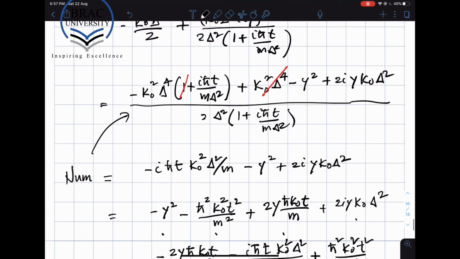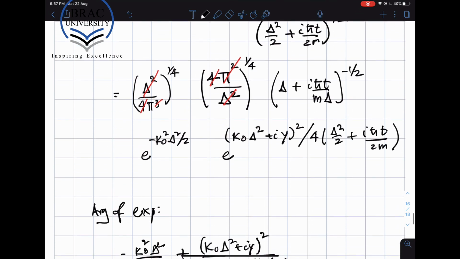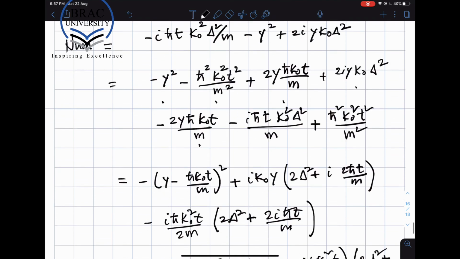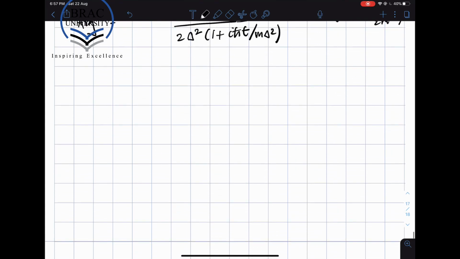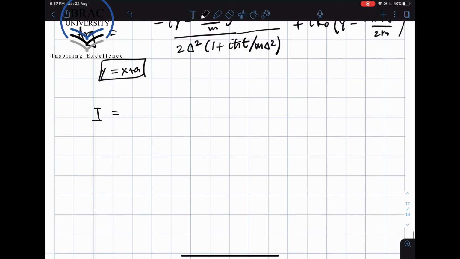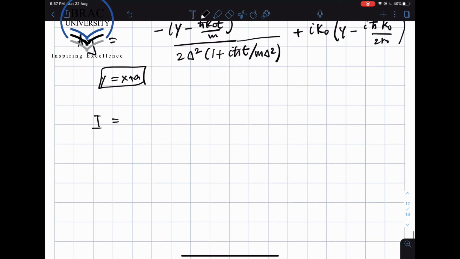So now if I go back to my integral, what I've done is that I've actually set y equal to x plus a, so we can now substitute that back in, because in the original integral in the lecture we had x plus a, but we could replace it by y.